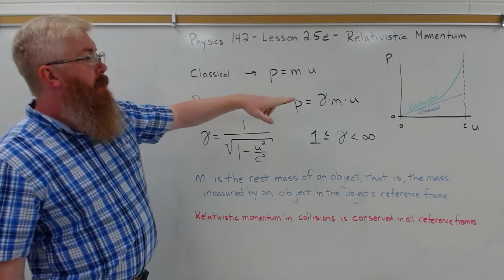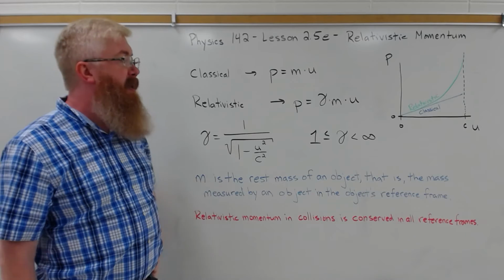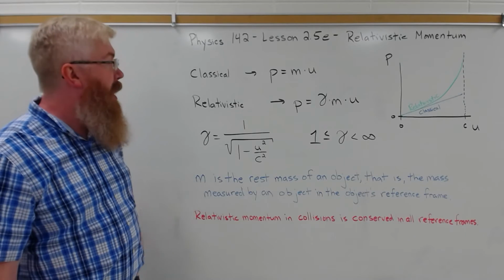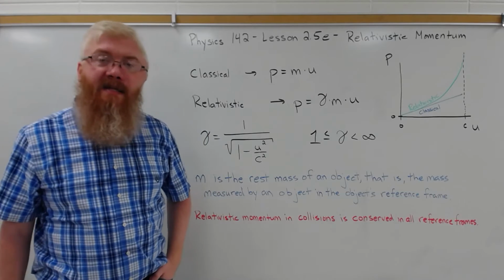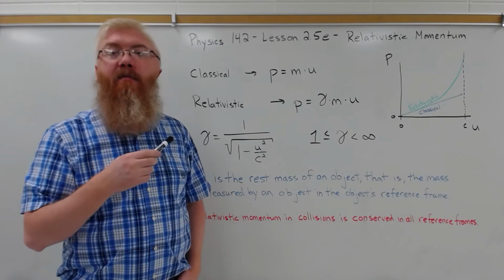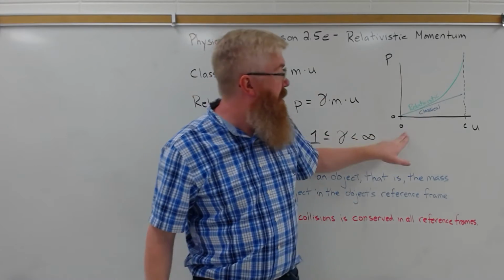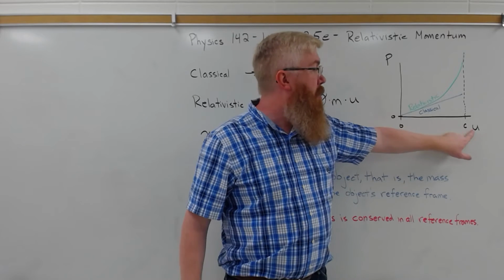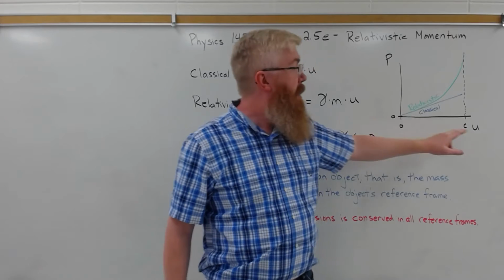Now, as the speed approaches the speed of light, gamma approaches infinity. So the closer a particle's speed gets to the speed of light, the more rapidly the momentum increases. Here, for example, is the momentum of an object as a function of speed u. This dotted line is the speed of light, the fastest an object can go.